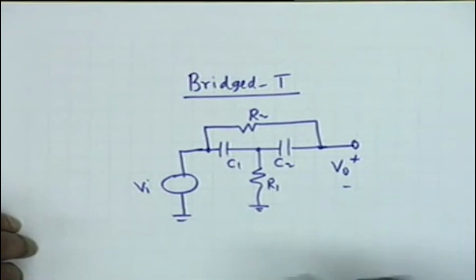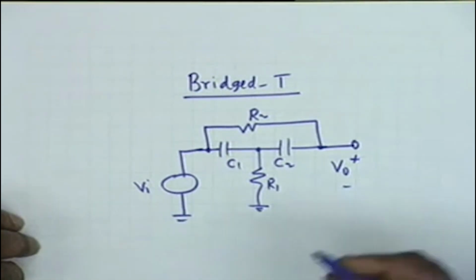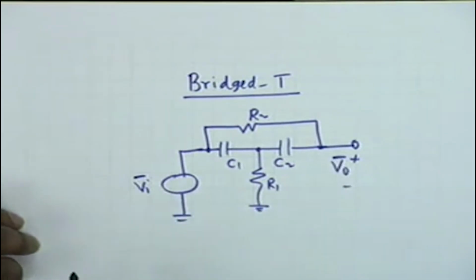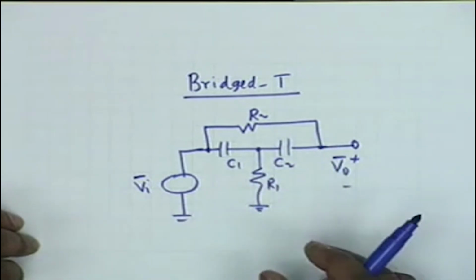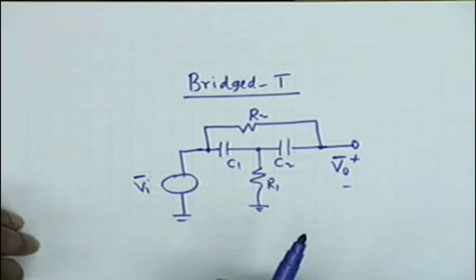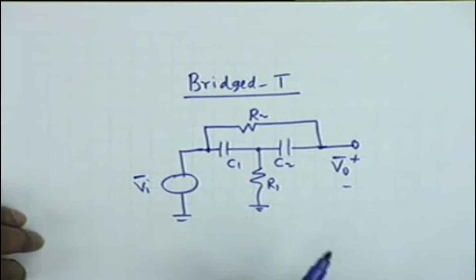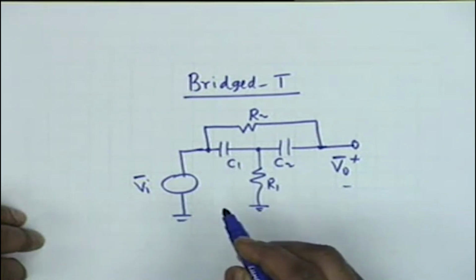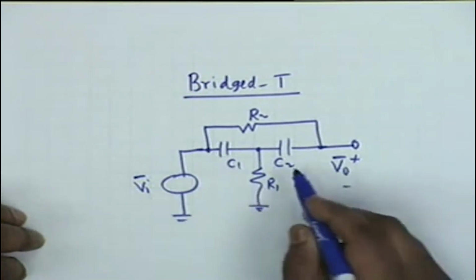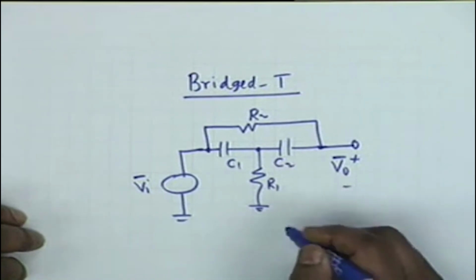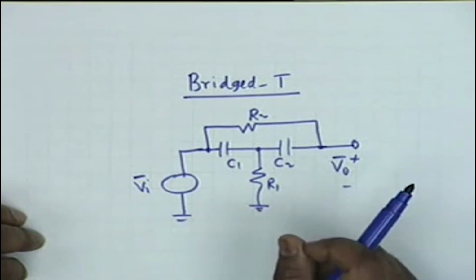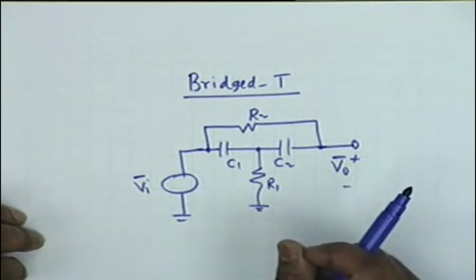Now, if you wish to analyze this circuit, you have to assume phasors Vi, V0 and then work in terms of the impedances. You know KVL and KCL are both valid for AC circuits, and therefore you replace C1 by 1/(jωC1), C2 by 1/(jωC2), and keep R1 and R2, or you could work in terms of S instead of jω.